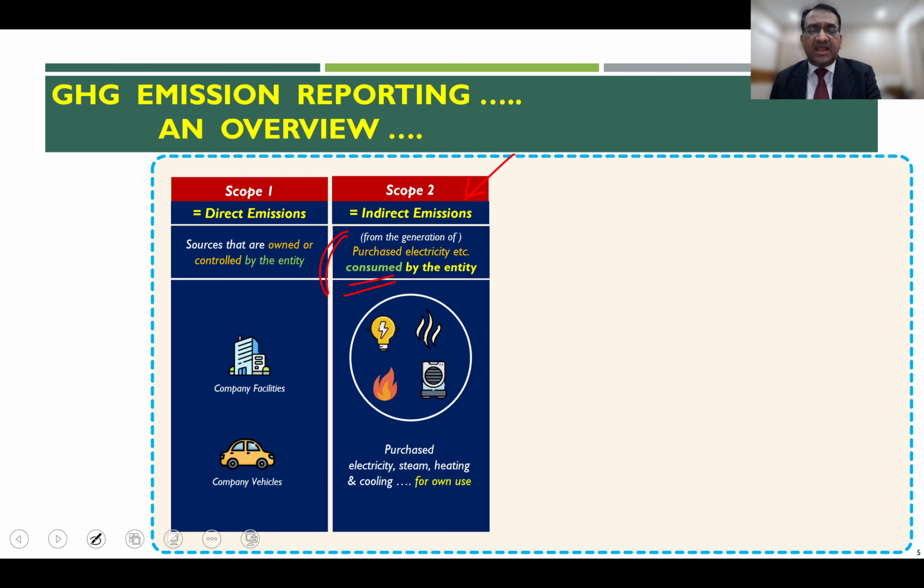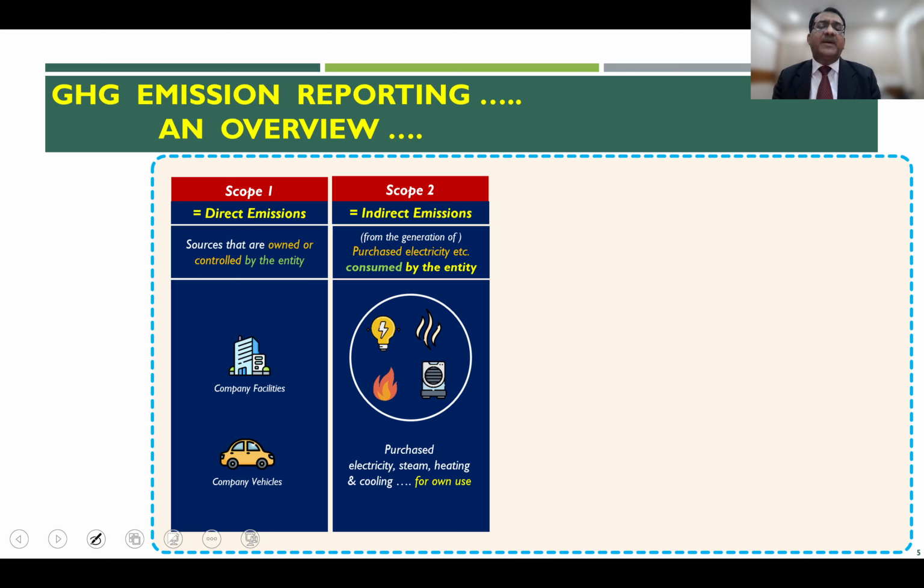Here you should understand that the word used is electricity, but in fact scope 2 will include all purchased electricity, steam, heating, or cooling. So all four elements, though the word used is electricity, the essence of scope 2 emission is the emissions on account of the purchased electricity being consumed by the entity.